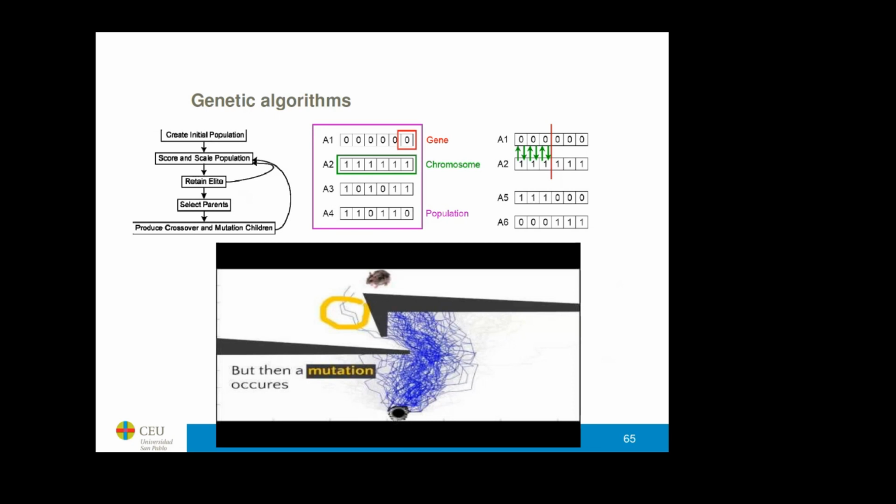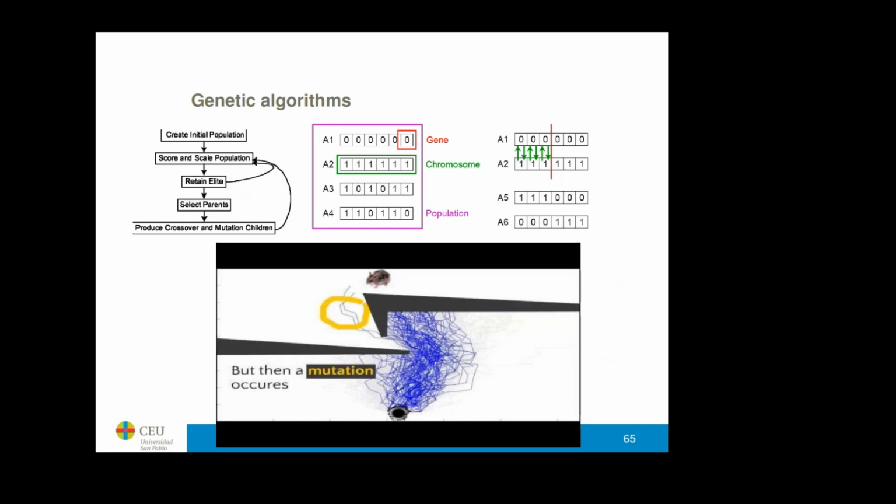For that, you will take 2 of them at random. You will split the chromosome in 2 parts at random again, and then they will exchange. So for instance, this is the father, this is the mother. I split there, and then I create 2 children that will be these 2 that are flipped.